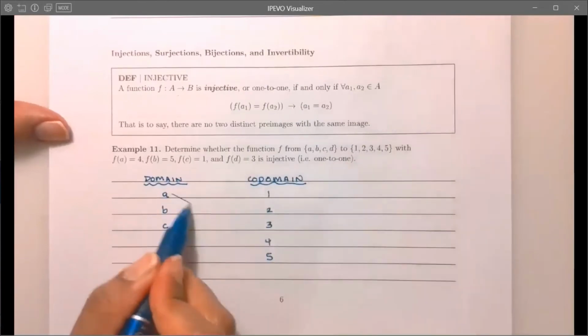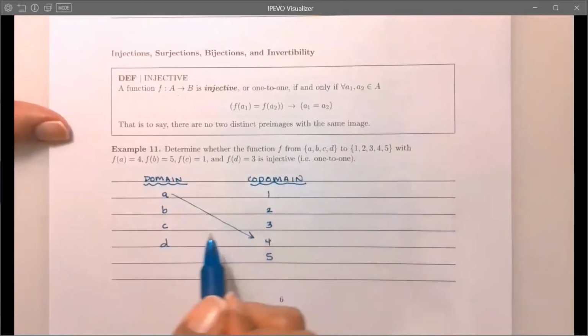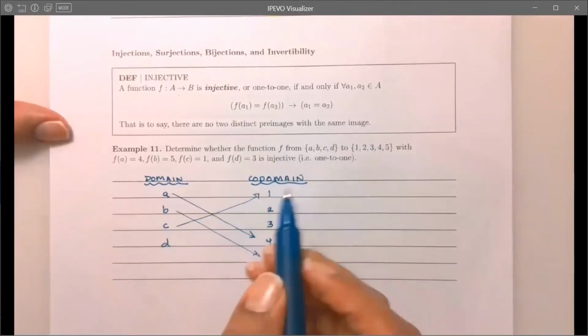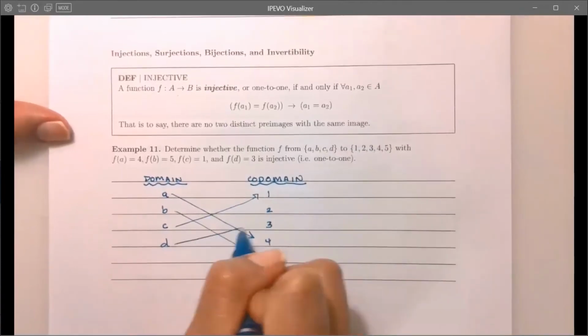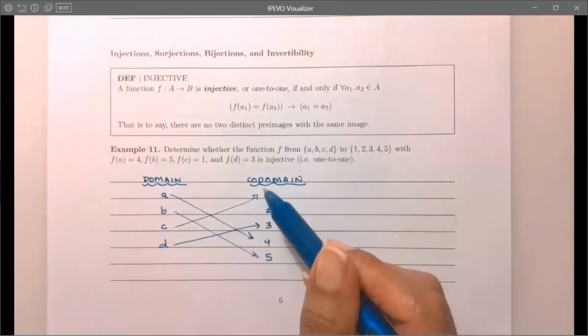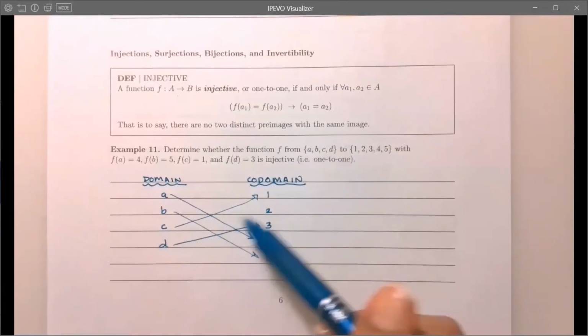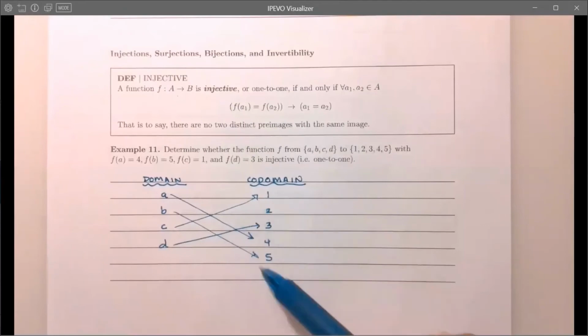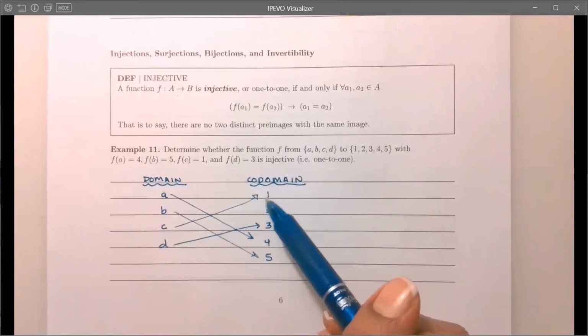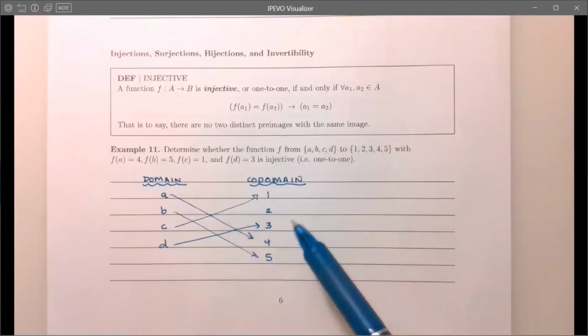A gets mapped to 4, B gets mapped to 5, C gets mapped to 1, and D gets mapped to 3. So if no element in the codomain corresponds to more than one input, meaning there are no two arrows pointing to the same element in the codomain, then that means that it's injective, because it means that we only have one input corresponding to it.